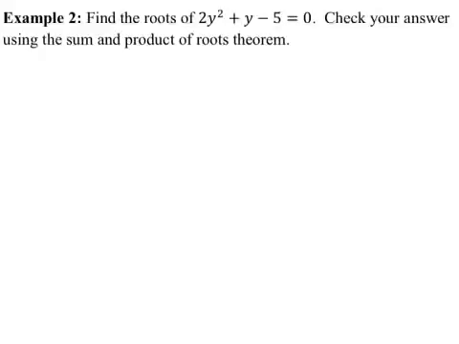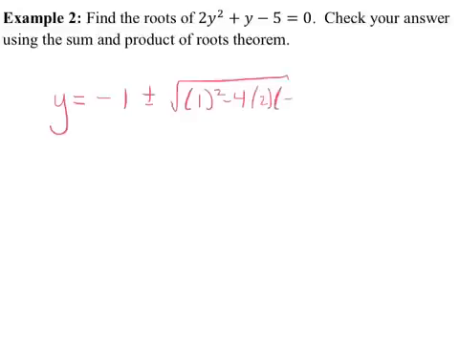In example 2 here, the question asks us to find the roots of the equation and check the answer using the sum and product of roots theorem. So let's start by looking at finding the roots. First, we know our quadratic formula is x, or in this case y, equals negative b plus or minus the square root of b squared minus 4ac, all over 2a.